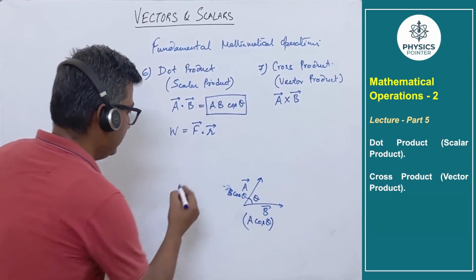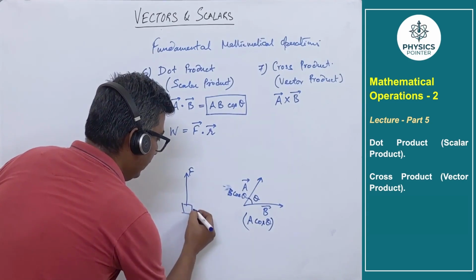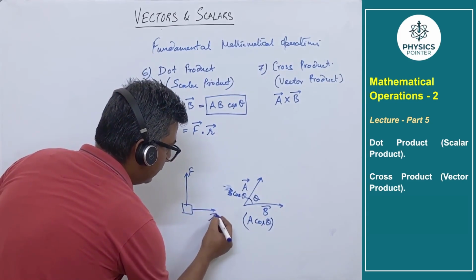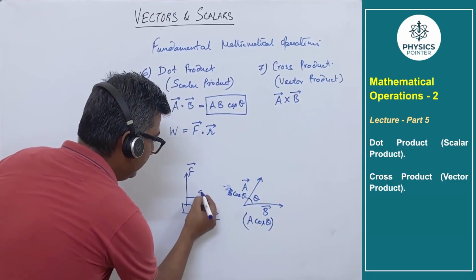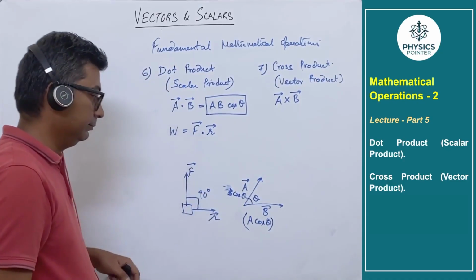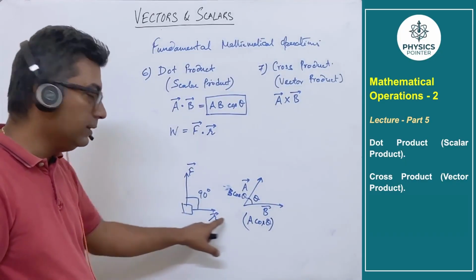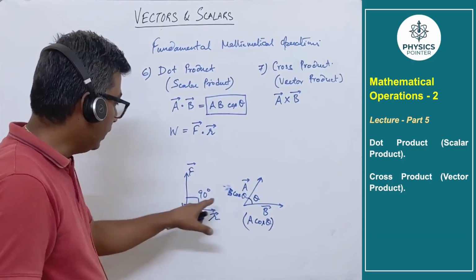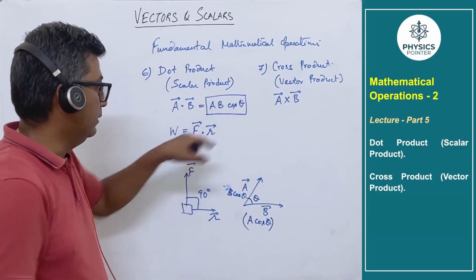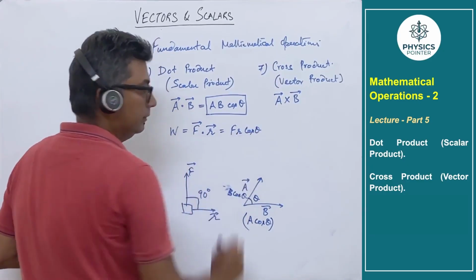For example, let's say I have a force which is acting upwards and a body is moving in this direction, the R vector. Now the angle is 90 degrees. Will there be any work done by the force in the direction where this body is moving? What is cos 90? So it should be equal to FR cos theta.